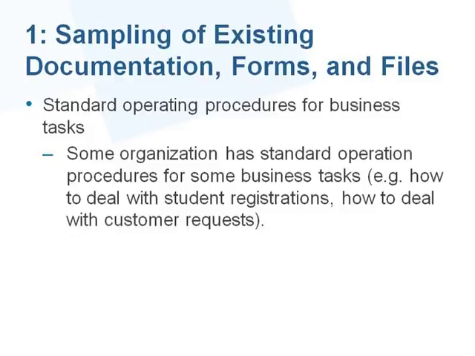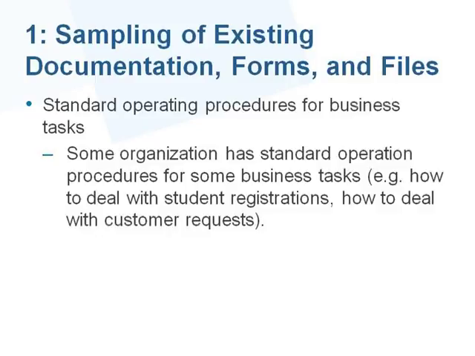Some organizations might have standard operating procedures for certain business tasks. Some organizations call this SOP. Basically this is a manual of how the organization does certain business tasks. For example, how to deal with student registration, how to deal with customer requests.